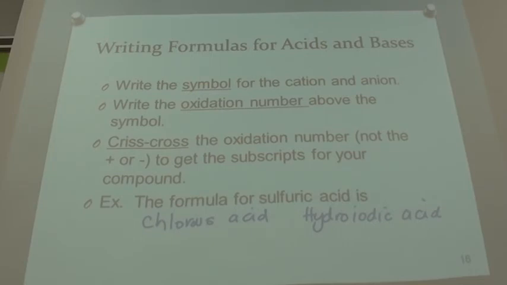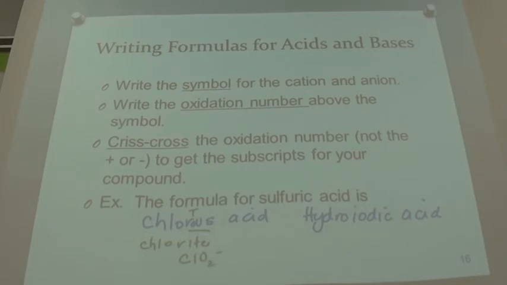Okay, chlorous acid, binary or ternary? Ternary, because there's no hydro. Now, it ends in OUS. So what does the polyatomic ion end in? ITE. So we're looking for chlorite. And the formula for chlorite is ClO2 minus.